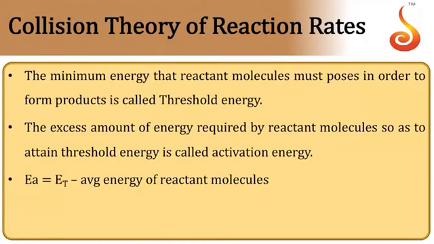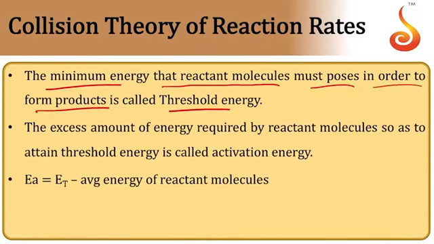Now let us take the meaning of the energy terms involved in the collision theory of reaction rates. The minimum energy that reactant molecules must possess in order to form products is called threshold energy.